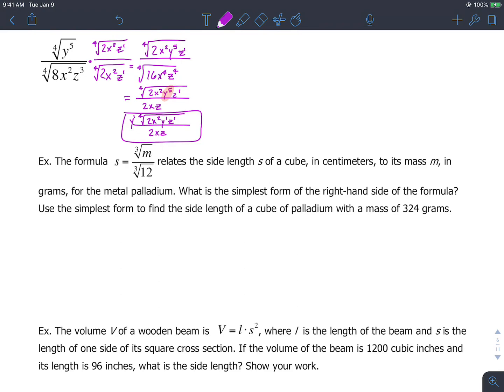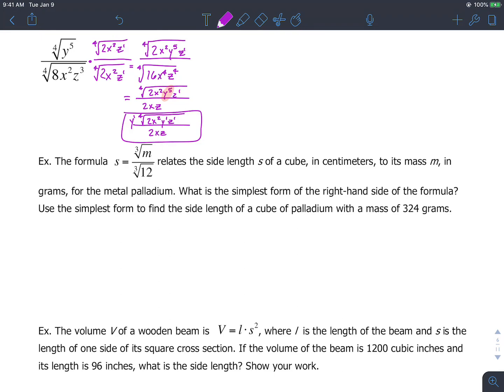So I guess you got the formula for this right here. This formula relates the side length S of the cube in centimeters to its mass in grams for the metal palladium. And then what is the simplest form of the right-hand side of the formula? Use the simplest form, the side length of the cube of palladium with a mass of this many grams right here.